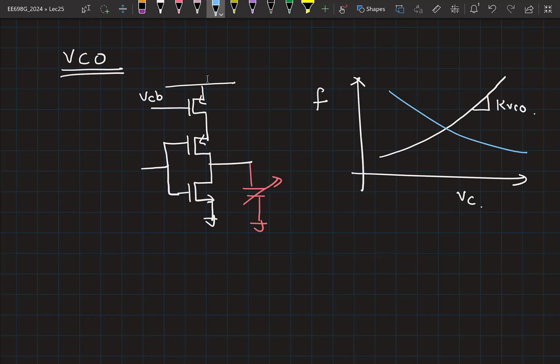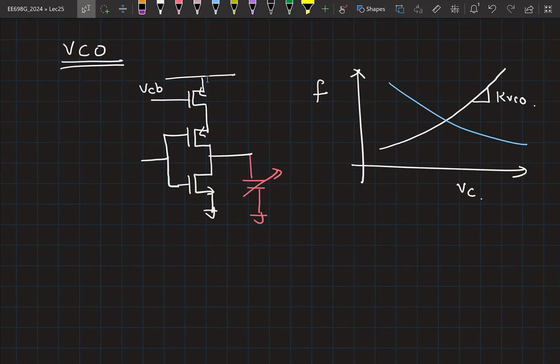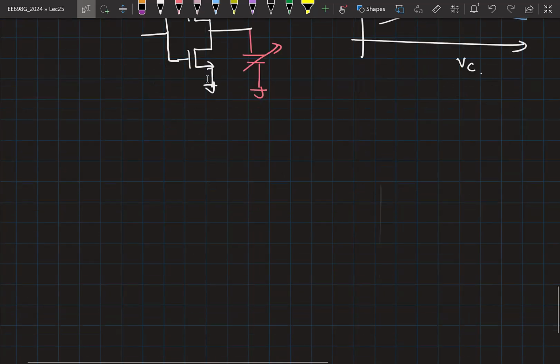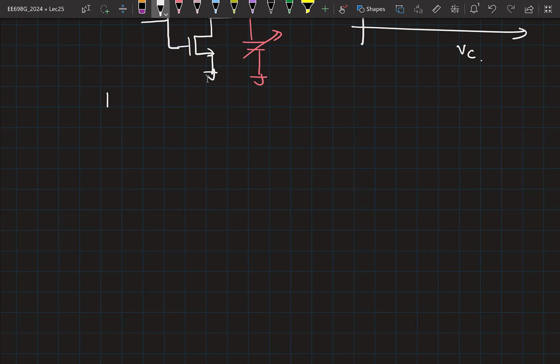Okay. Now, this sort of tuning is called continuous tuning, because all possible delay values are possible. On top of this continuous tuning, you can have discrete tuning to improve the range. Okay, let me explain what I mean by that. So this is F versus VC.